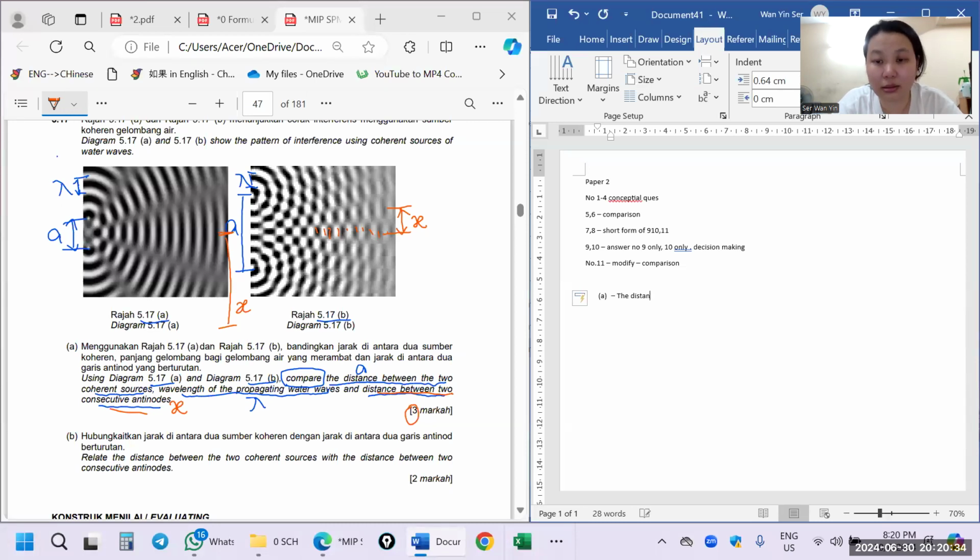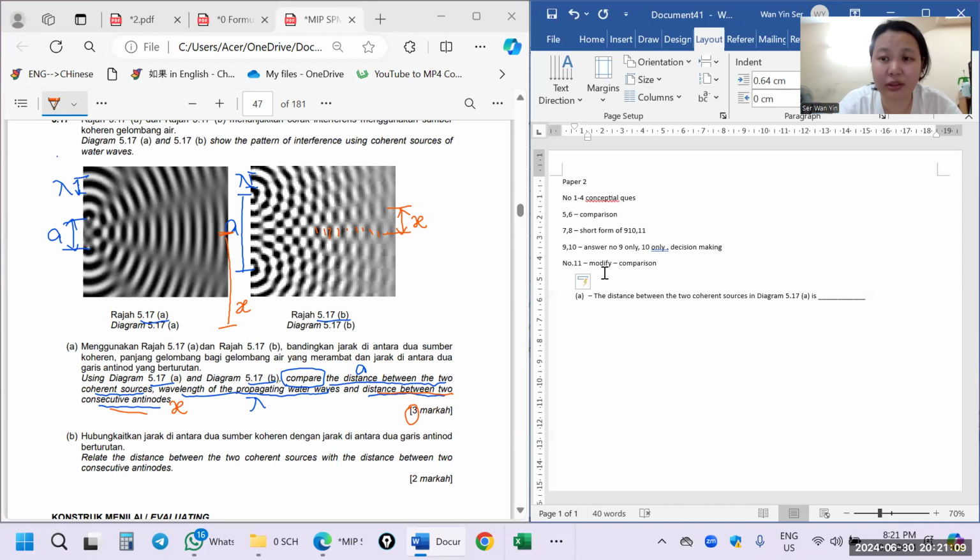The distance between the two coherent sources in diagram 5.17a is, I leave it blank first, then in diagram 5.17b.